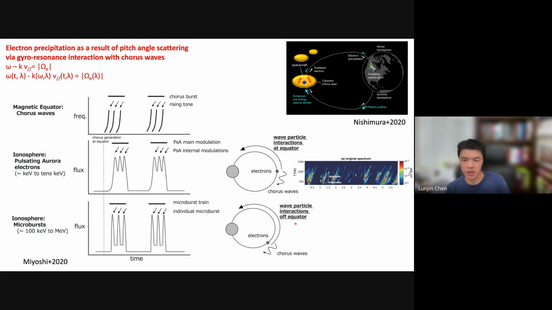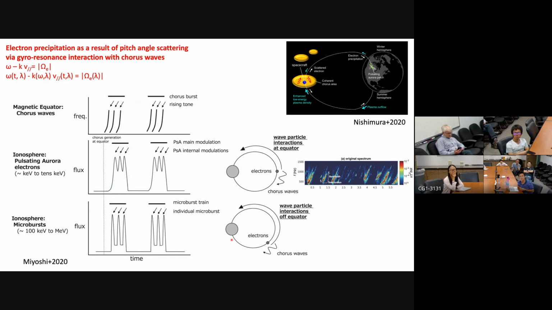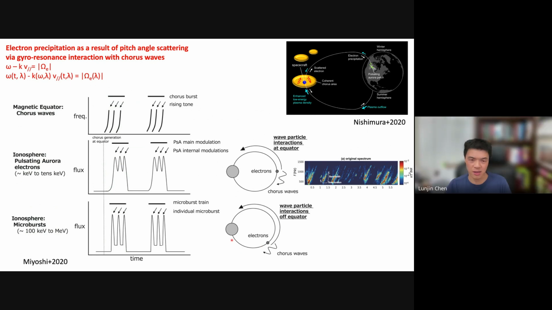Yeah, the propagation time scale from the equator to high latitude is, I think, about 0.1 second or so, because the chorus waves travel at about 1/10 of the speed of light. So 1/10 the speed of light. Okay, thank you. Yeah, it's about the velocity of an electron at maybe 10 keV or 200 keV range. I see. Thank you.